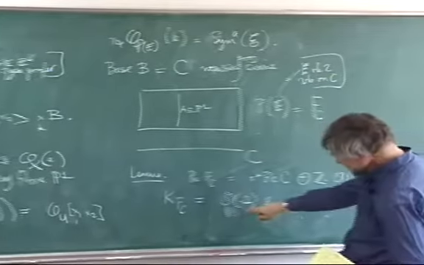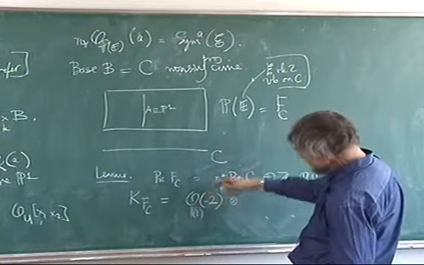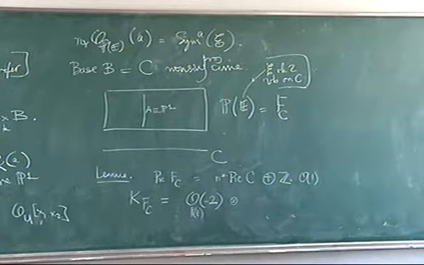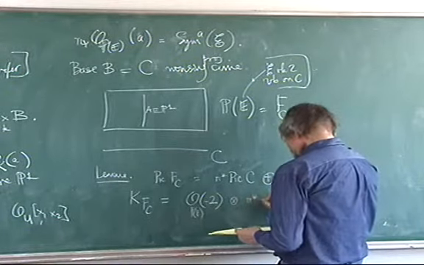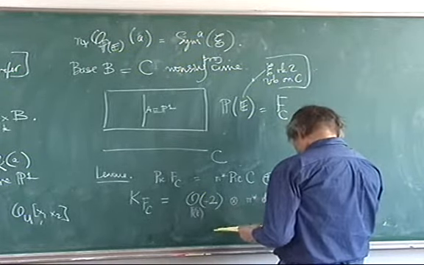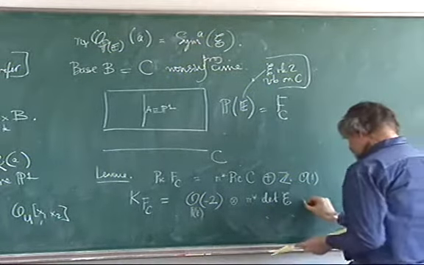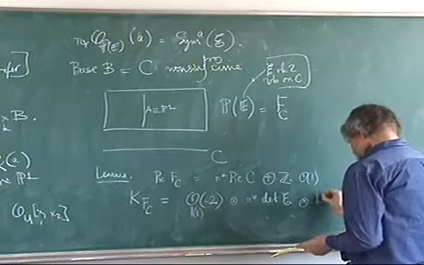It doesn't have any global sections because it's negative, but it's still a perfectly well-defined sheaf. It looks locally like forms of degree d minus 2 divided by forms of degree 2. Yes? Tensor determinant of E, tensor K_C. Now, where does the K_C go?